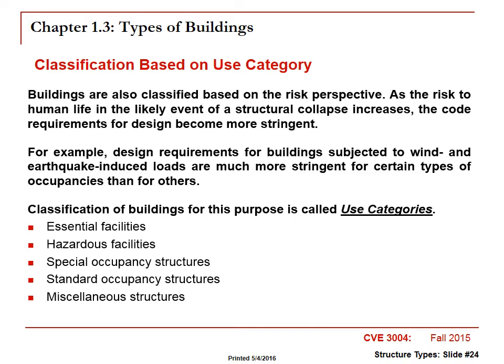So you will see a difference in importance factors that are applied to different facilities. The idea of how they are occupied, how essential they are, is going to make a difference.